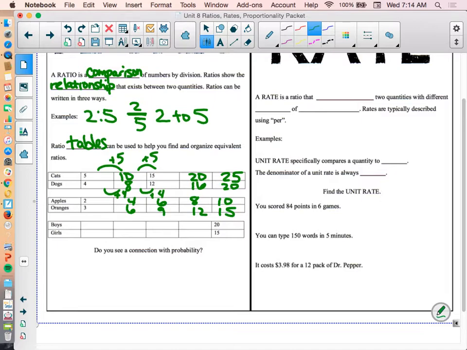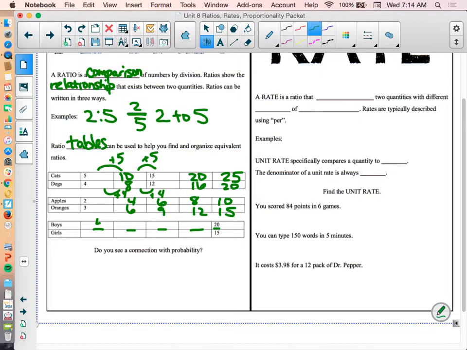If we look at boys to girls, like for example in a classroom, let's say we have 35 people and 20 of them are boys and 15 of them are girls. We could work backwards to figure out what the ratio is. So for example, this one right here, if I go backwards here, I've got 1, 2, 3, 4 boxes. If I think of dividing by 4, I might see that we would probably start with a 4, or I'm sorry, there are 5 boxes, so we have to divide by 5.